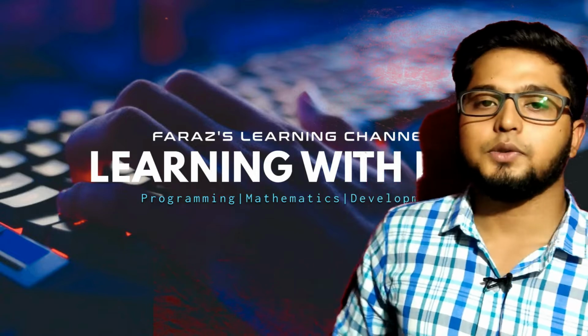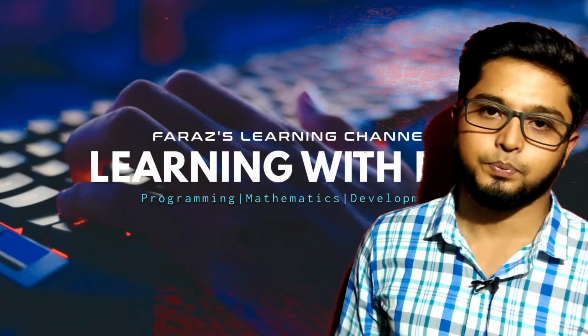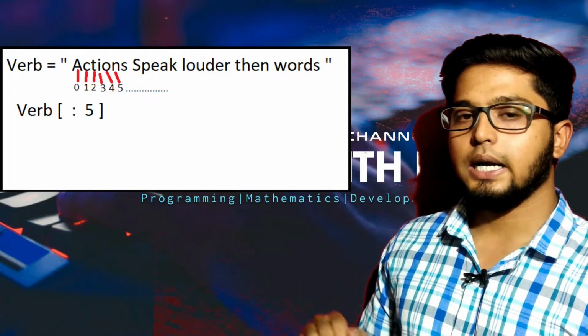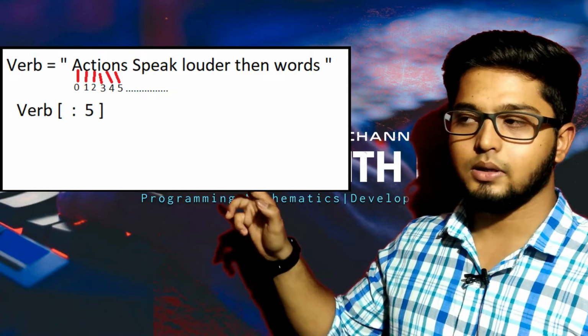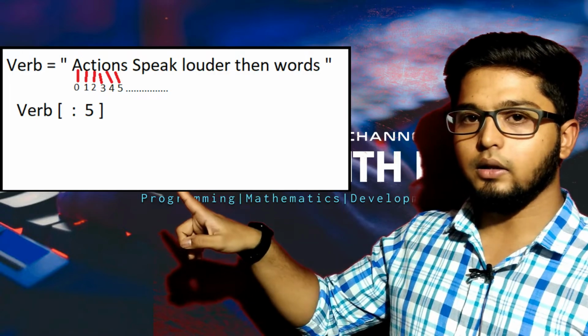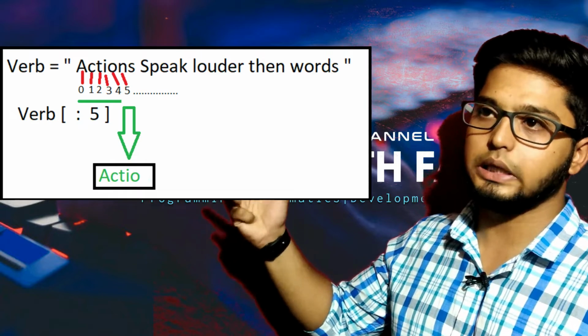Now coming on to the next one, your third one. If you're omitting the starting index, for example, if I'm taking again verb, I am omitting the starting one, and at the last I am taking 5. So colon 5. What will happen is if you omit the starting one, it will consider 0. So from the start till 5 minus 1, starting is 0, 1, 2, 3, 4, it will take.